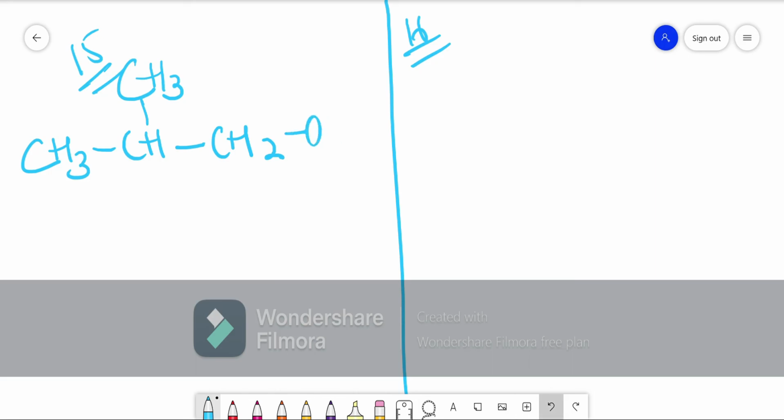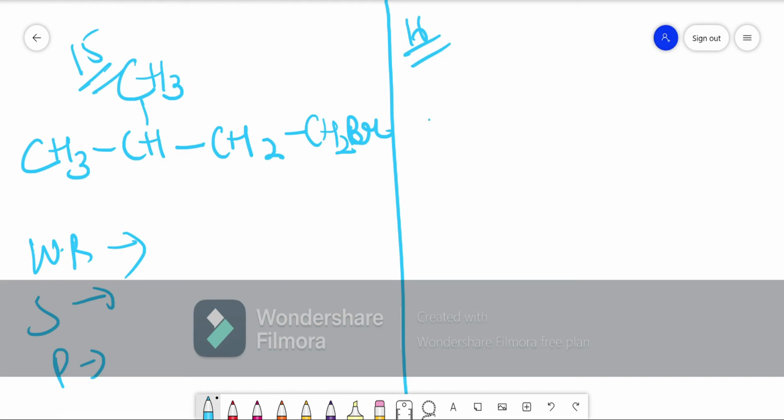I wrote the C the wrong way, don't mind. I hope this is clear to you. Now if we start naming this particular compound, it's very important. First let me write out the question, then only we'll start naming.